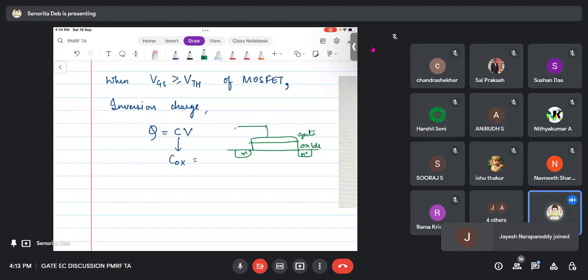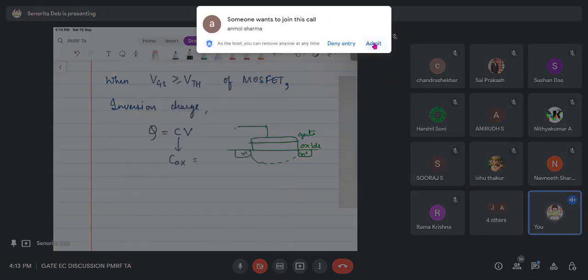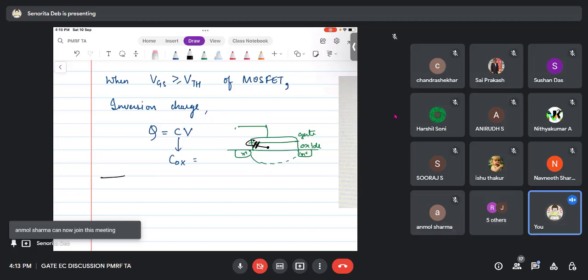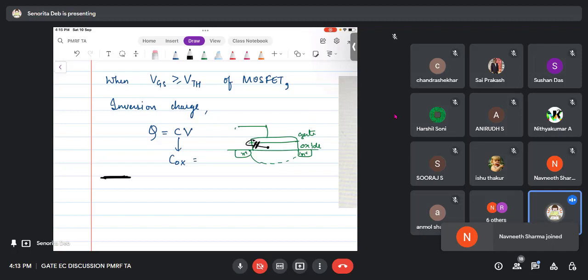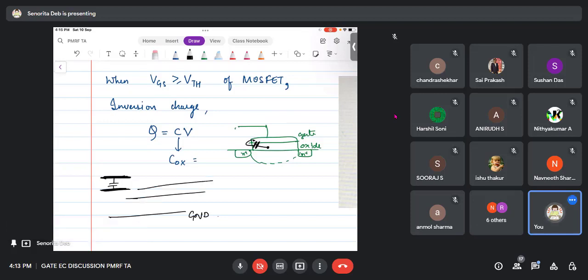Normally there will be one capacitance which is present, from gate to your oxide. These two will form one capacitance. Remember, wherever there are two conducting plates, there is one capacitance. It forms a capacitor. Ground is also a conducting plate, and therefore you would have heard that if some transmission line is going on, there will be a capacitance between this and ground, right? So basically this is the concept.